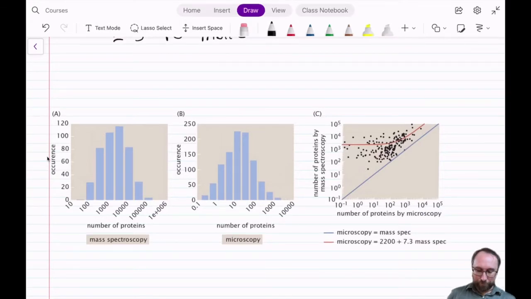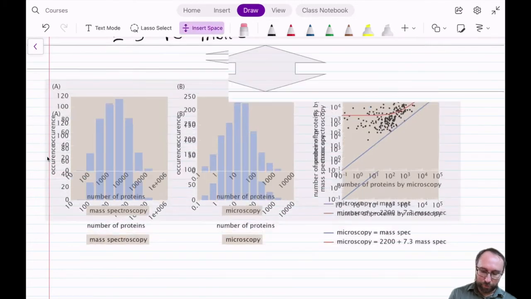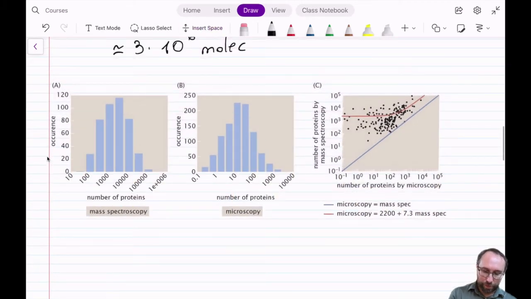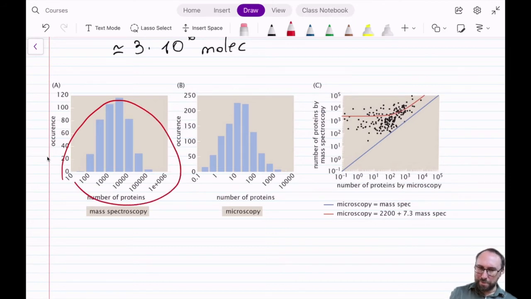Okay. So now look at these plots, these histograms, and see what makes more sense to you, given that you know that there should be 3 million copies of all the proteins in E. coli. You can see that if you add up the numbers in these bars, you could imagine getting to 3 million proteins, but there's no way you're going to get 3 million proteins out of this.